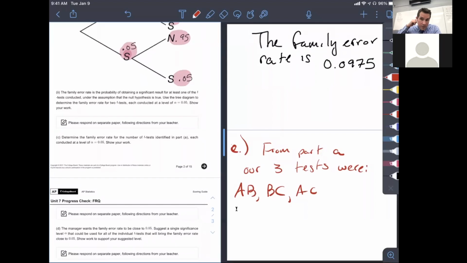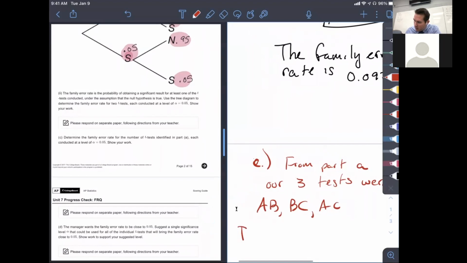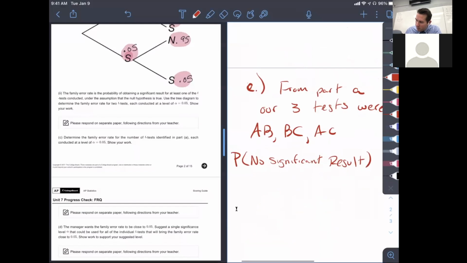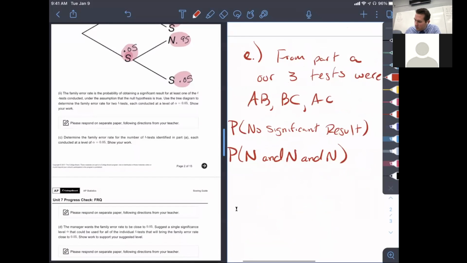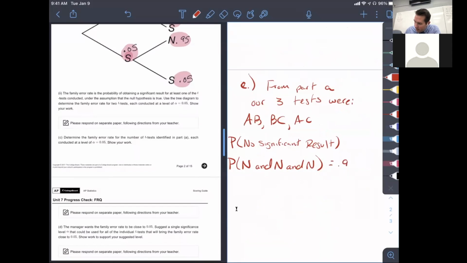If we're thinking in terms of the error rate, the probability of no significant result would be the probability of n and n and n, which is 0.95 3 times.